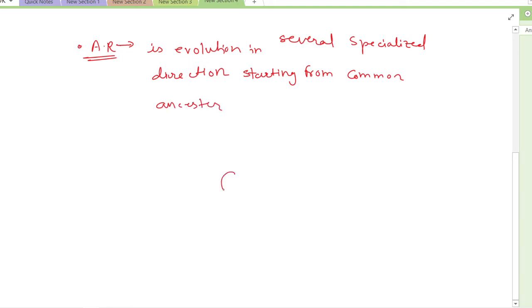So there is an ancestor X, and from that ancestor X dash, X double dash, X triple dash, certain types of organisms will form.